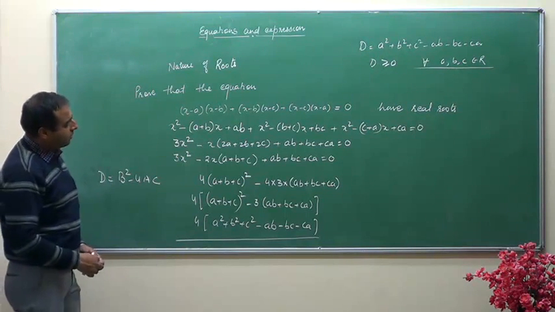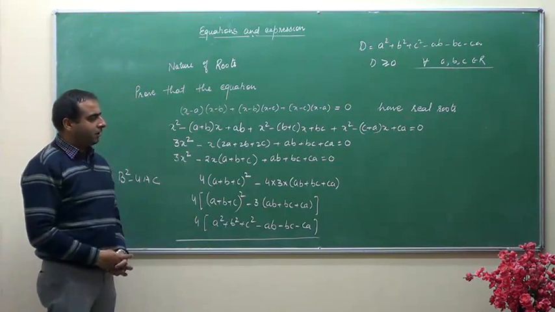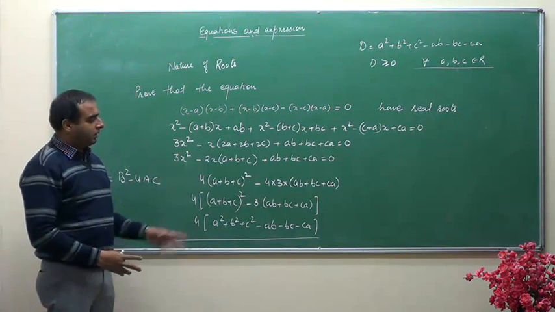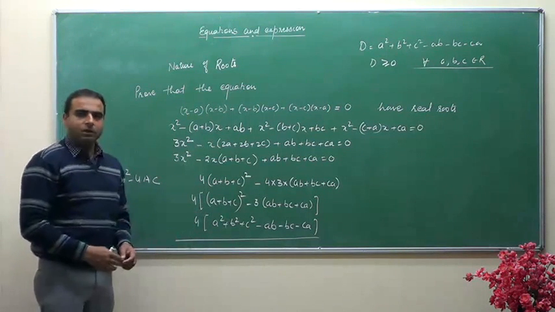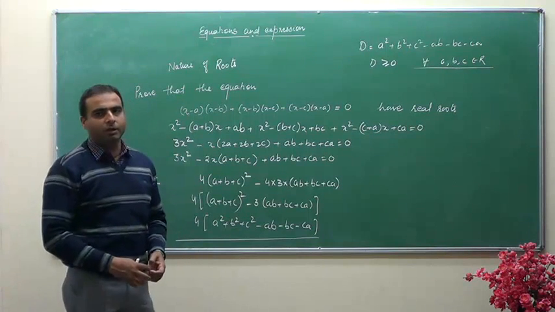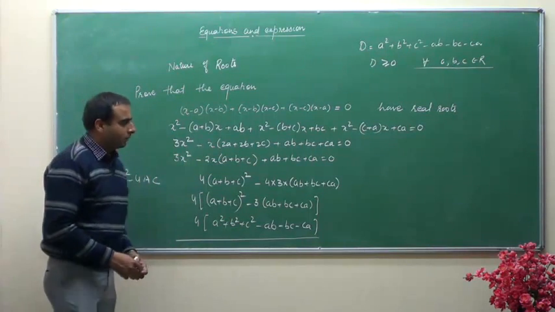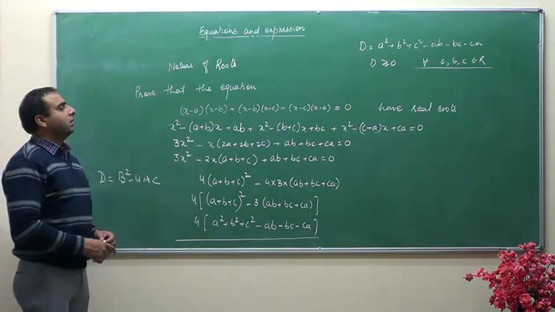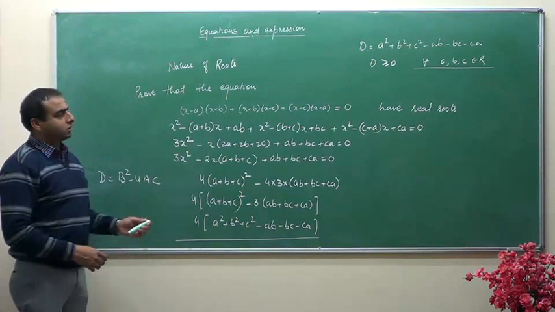The discriminant is a square plus b square plus c square minus ab minus bc minus ca, and this D is greater than or equal to 0 for all a, b, c belonging to R. So this equation has real roots, because we have done earlier that the sign of this expression is always greater than or equal to 0. So in this way, we can solve this question.